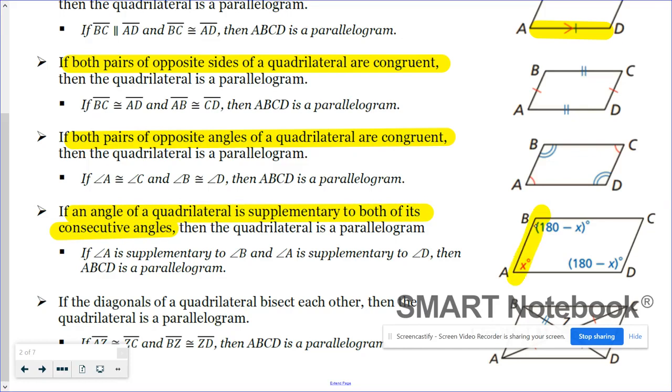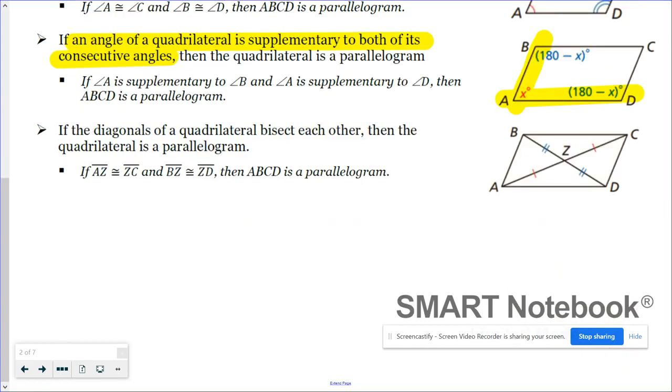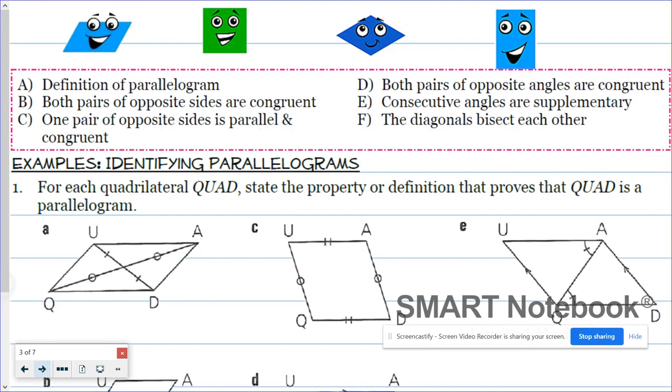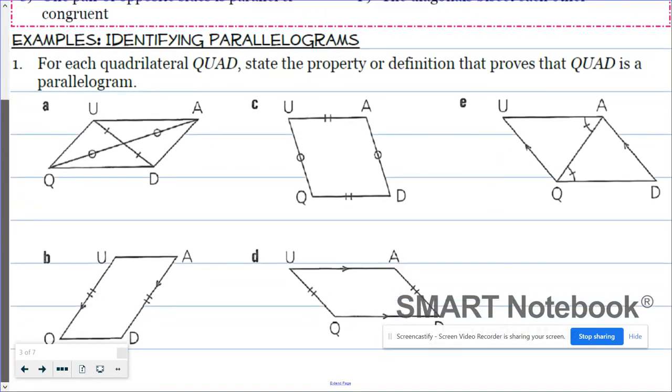They're proving that angles A and B are supplementary and A and D. So they're saying that on angle, they're talking about angle A there. And then lastly, you could prove that the diagonals of a quadrilateral bisect each other, and thus the quadrilateral is a parallelogram.